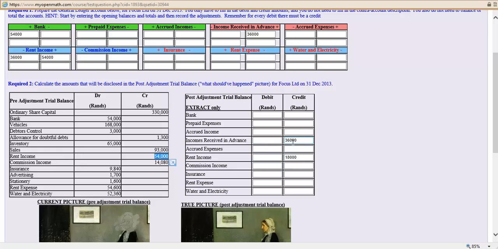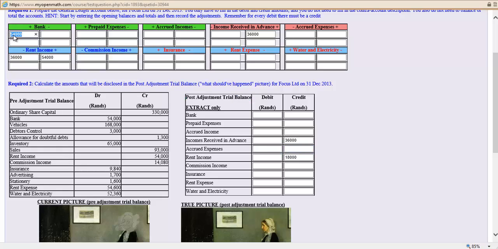And after we've done the adjustment, we can see here we've got our two lines. This is the portion that we still owe to the other entity, the services that we still owe, and this is the portion that we've actually already earned and deserved. So you can see that my post-adjustment trial balance does in fact reflect the true picture of this 54,000 Rand received.